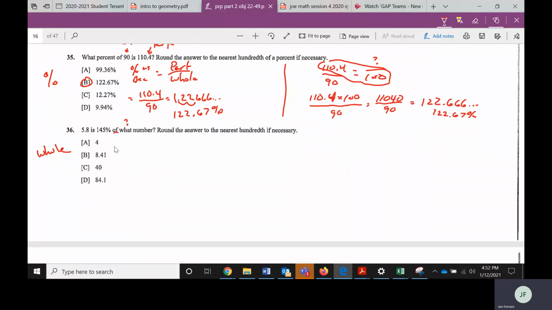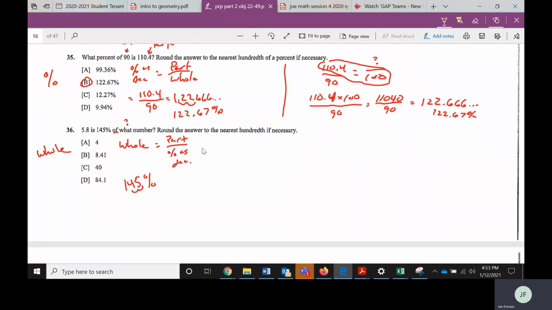Okay, so if we're looking for the whole, that means we're going to take the part divided by the percent as a decimal. Okay, so percent as a decimal. We have 145%. We have to move that. The decimal version is always smaller by 2 spots and usually begins with the decimal like 0.5. But here we move it 1, 2.